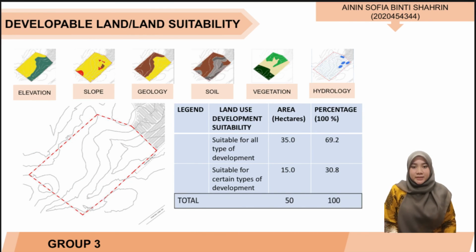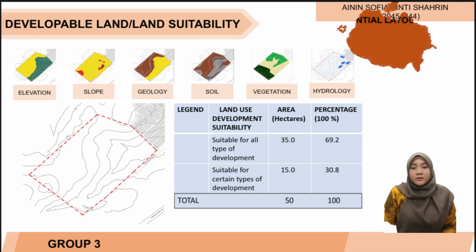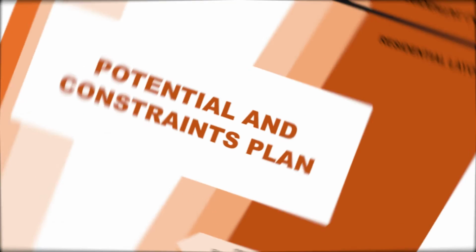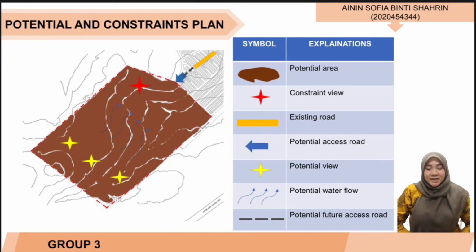Land suitability. As you can see, I use green color for all types of development that can be built at the site, and yellow color for certain development. This is because I want to make it easy to see potential and constraint areas.